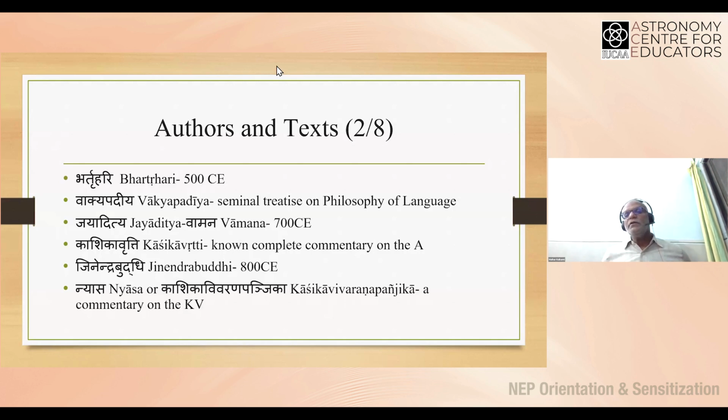And the grammatical system developed by Panini keeps inspiring a lot of modern information scientists, computer scientists working in the field of natural language processing and so on and so forth.